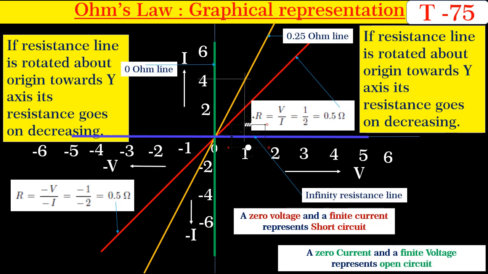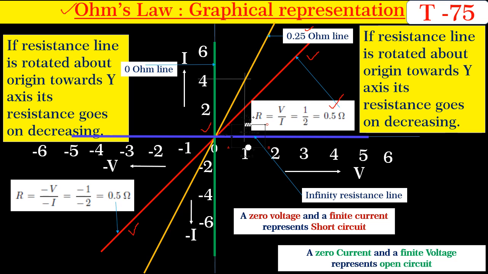Now let me bring out some more interesting facts on representation of Ohm's law in the graphical form. In the previous discussion, we have drawn a resistance line of 0.5 ohm which passes from the first quadrant through the origin to the third quadrant. Now we shall draw another resistance line which is of 0.25 ohm.